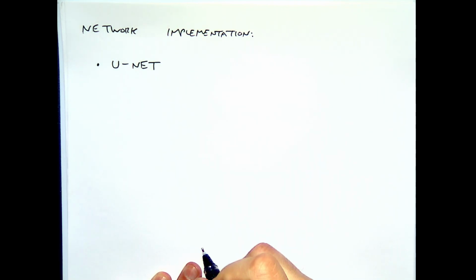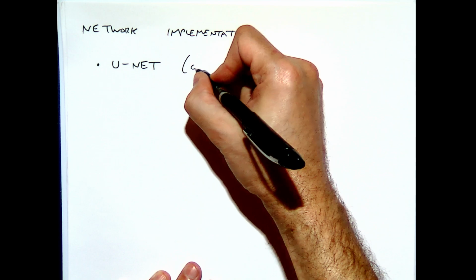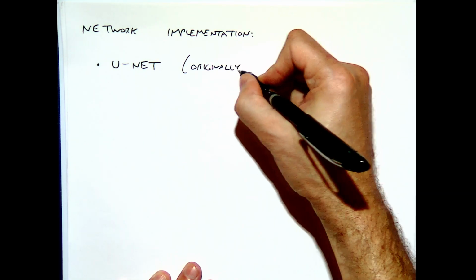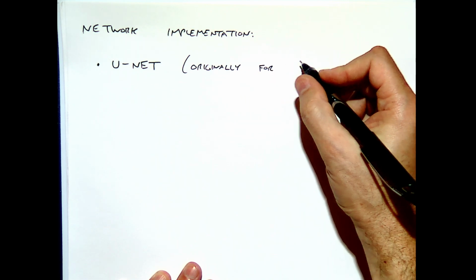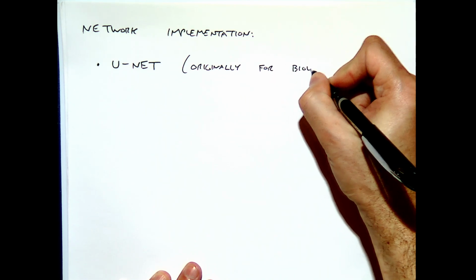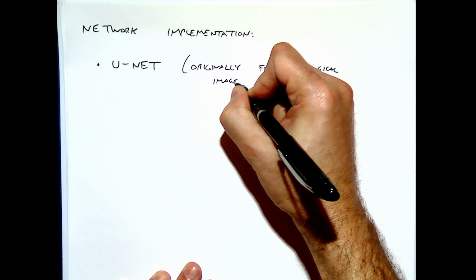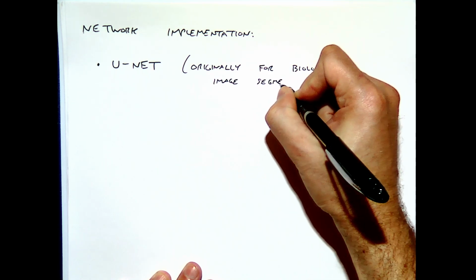The U-net was originally proposed for a whole different topic. This U-net paper originally was for biological image segmentation, is where that first idea appeared.